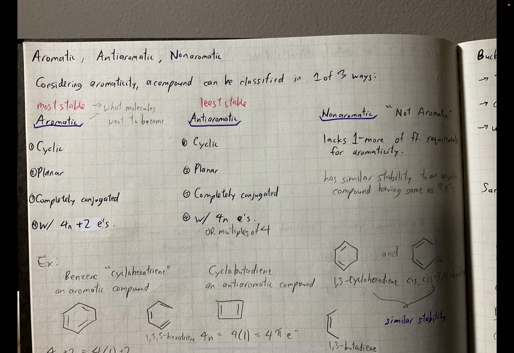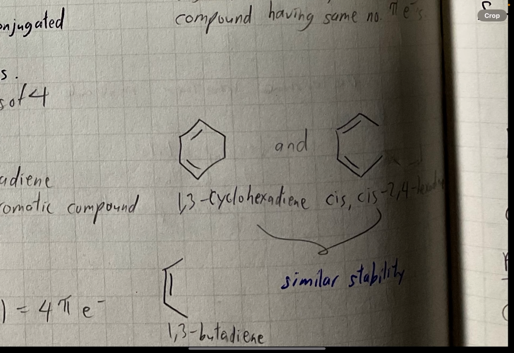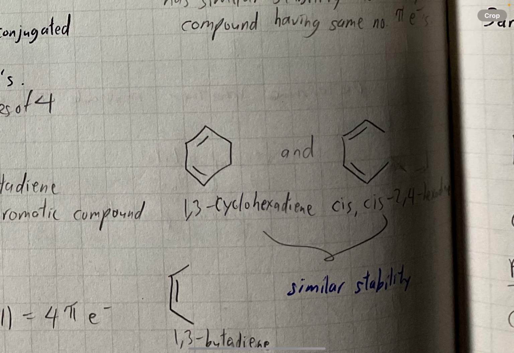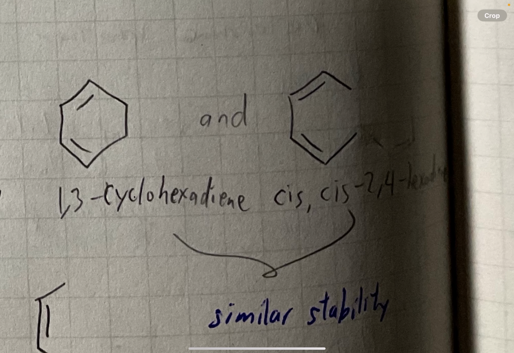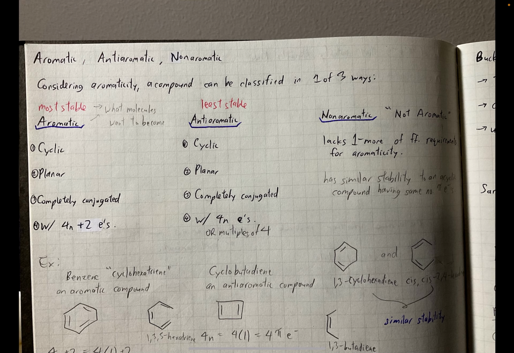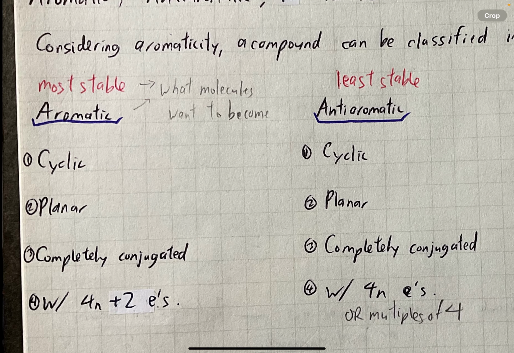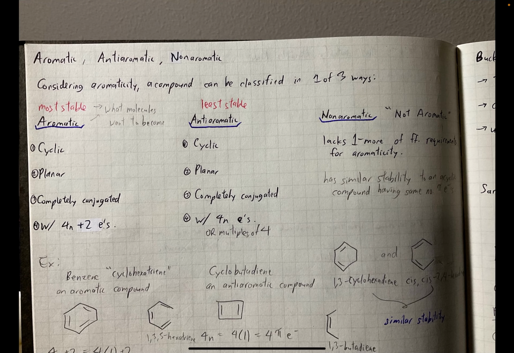One of them is not cyclic, no, but they do have similar stability. But everybody wants to become aromatic because aromatic is the most stable, no? So that's something you have to know.